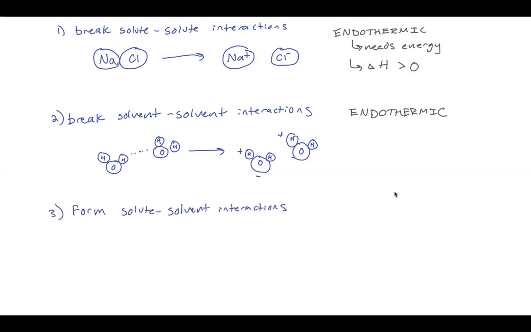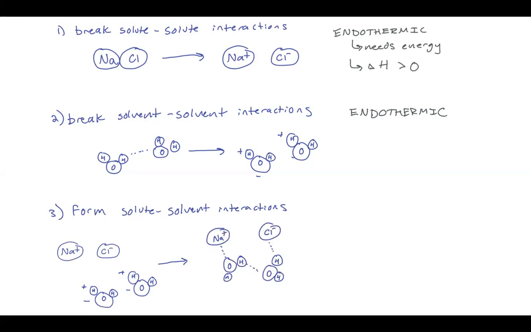Now, step number 3 is the different one. We're forming solute-solvent interactions. So let's take our salt particles that have now been broken up into their ions, and let's take our free floating water molecules.